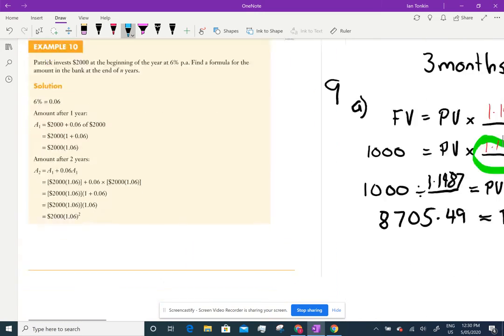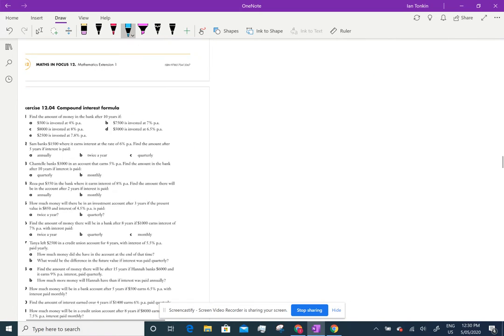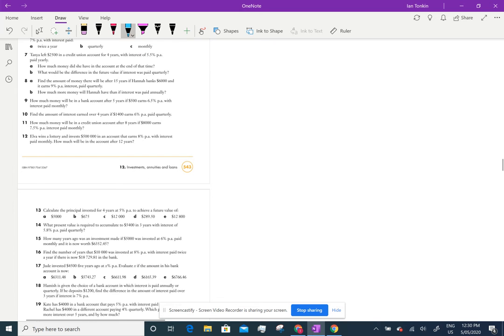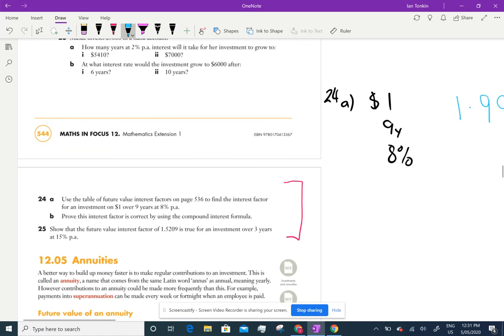Let's hope I don't forget this like I did in the previous examples. So here we go. So the amount was 1.9990. Then it says, prove that this is correct.